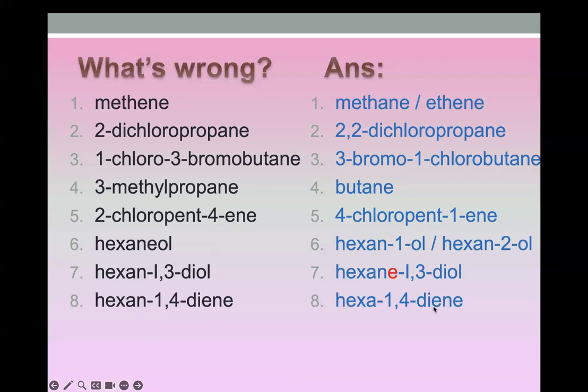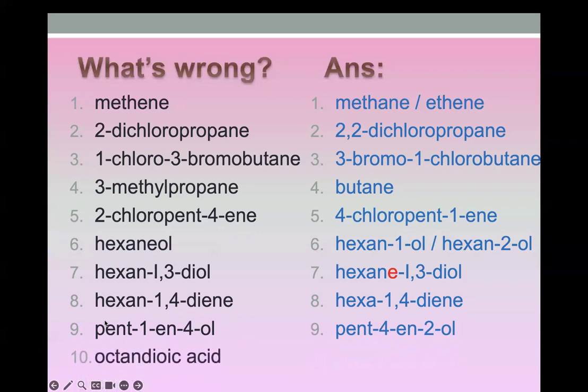So it should be hexa-1,4-diene. Pent-4-yn-2-ol: again, the most principal functional group should be the OH. As a result, we need to label as small as possible first for the OH group. So it is pent-4-yn-2-ol.